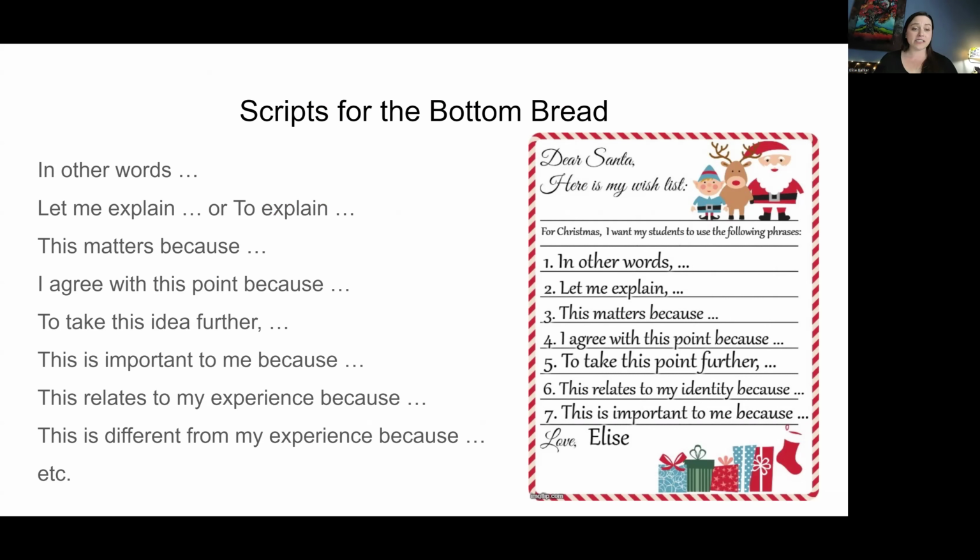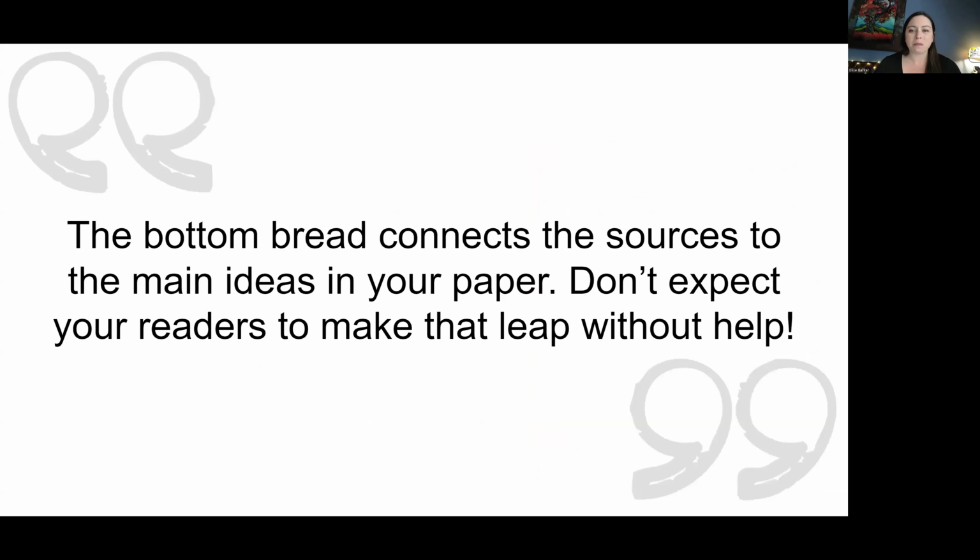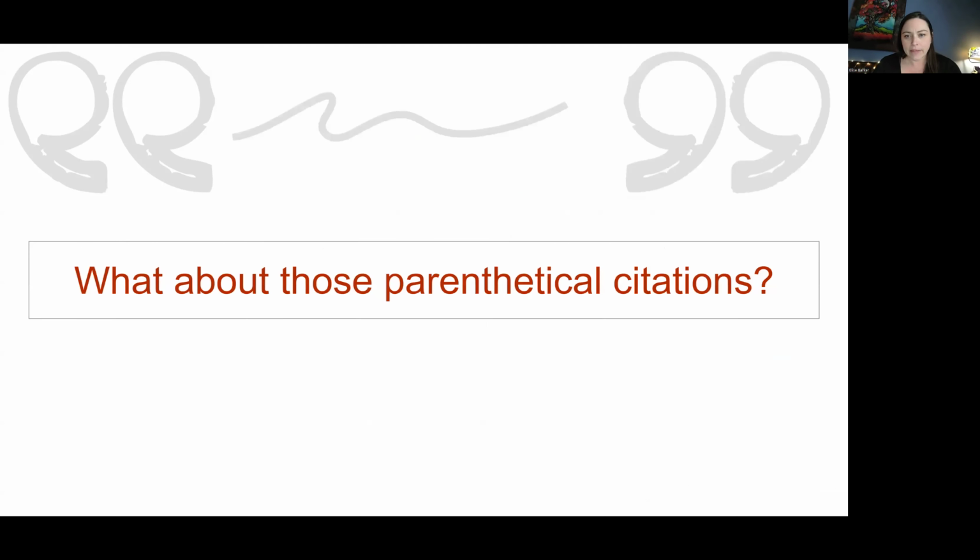Any of those kinds of setups for your explanation and commentary is going to elevate the level of your writing and you'll help your reader. So basically, something that we don't want to ignore. Bottom bread connects the sources to the main ideas, and you really can't expect your readers to make that leap without your help.